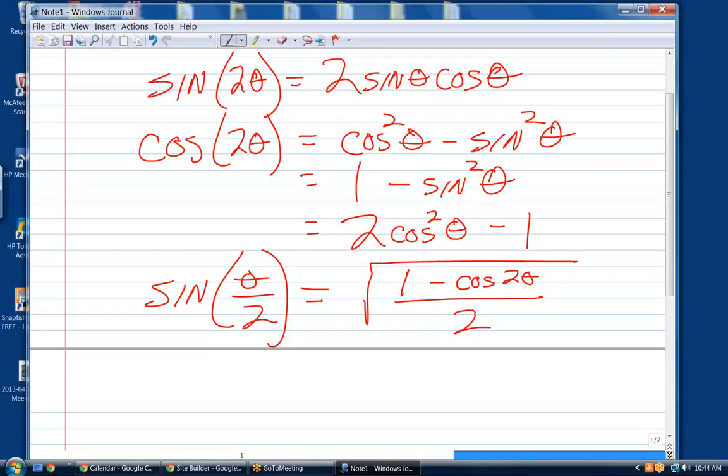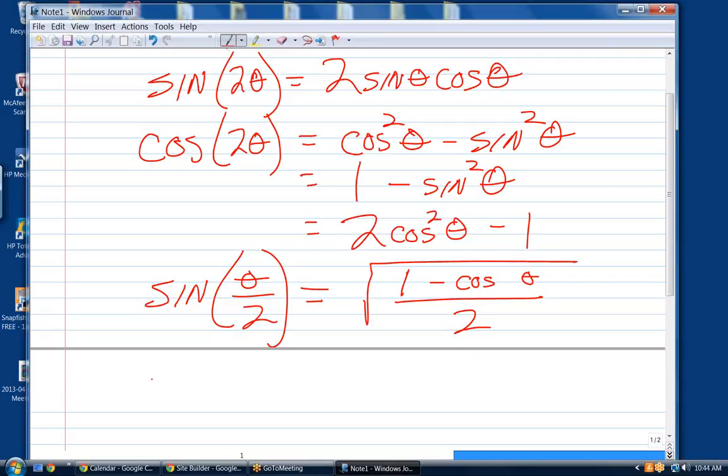Whoops, hold on. Sorry, I'm writing the wrong one. Double angle and half angle. Here we go. Sine is the square root of 1 minus cosine of theta, not 2 theta, all over 2. So this can be helpful finding trig functions of some angles that we don't know.